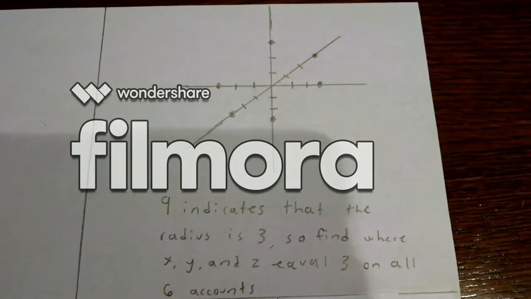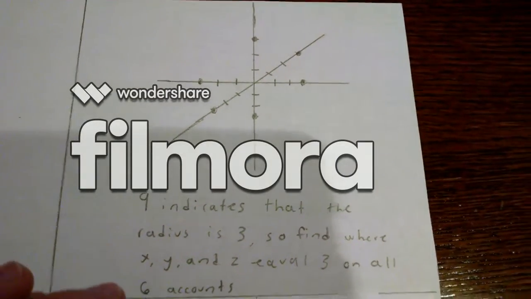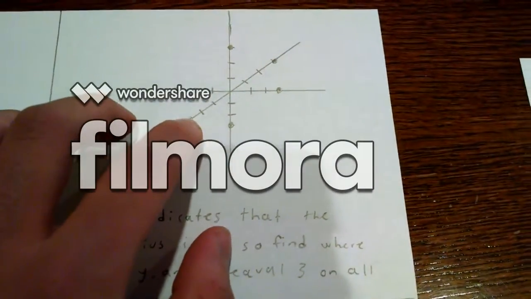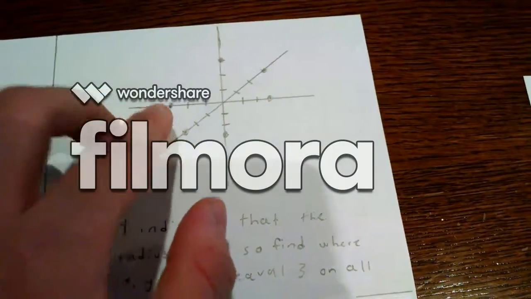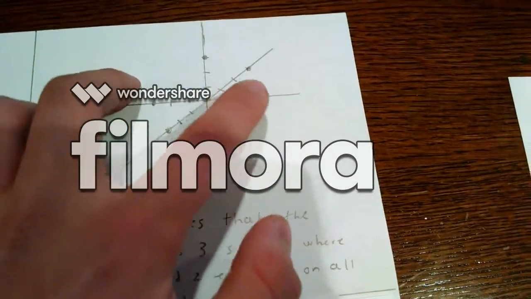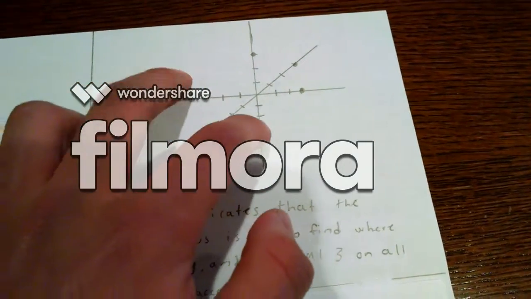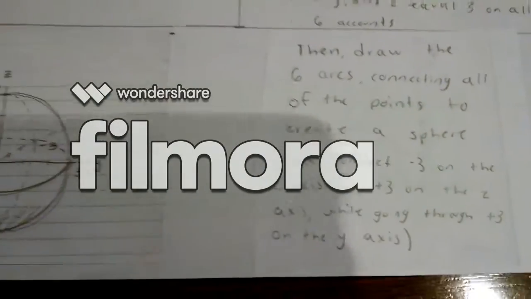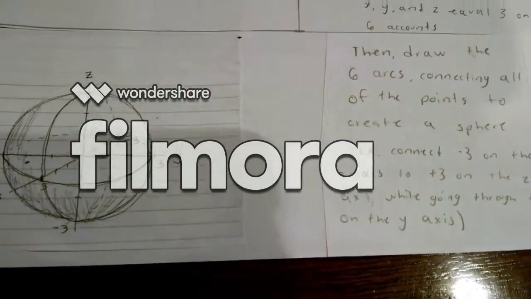So we find where x, y, and z equal 3 in both positive and negative directions. So positive 3, negative 3, positive 3, negative 3, positive 3, and negative 3. These are the points that we are going to use to create our sphere.